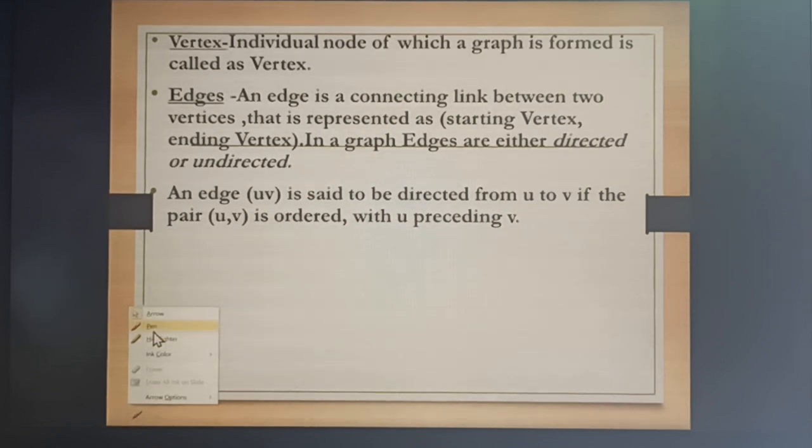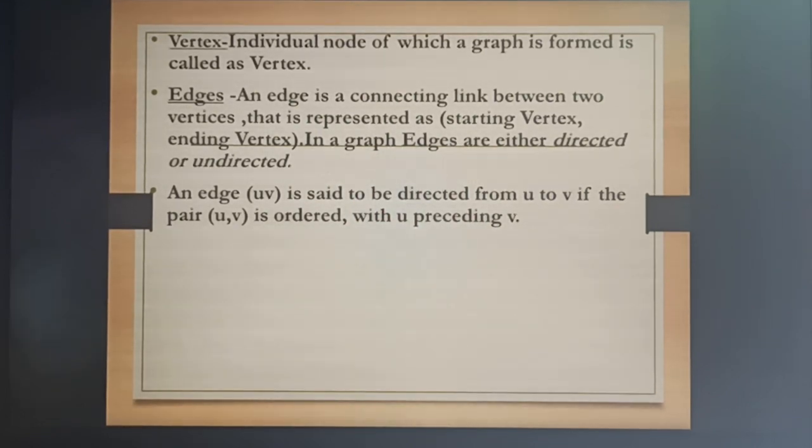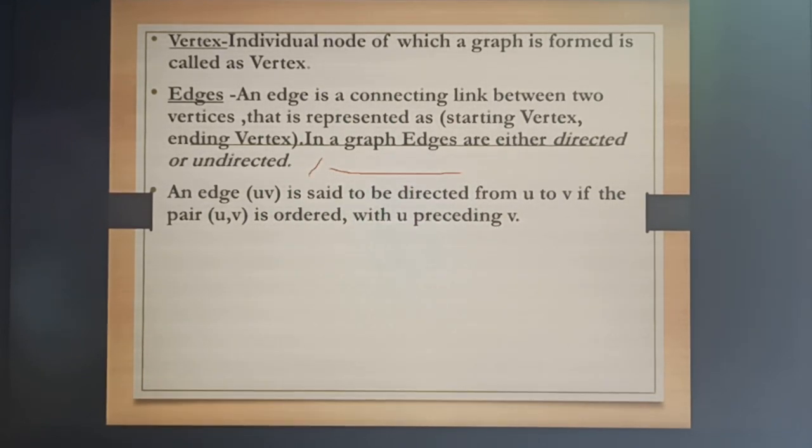So first we'll see, if this is one edge, this is A and this is B. You know that an edge is the connecting link between two vertices.